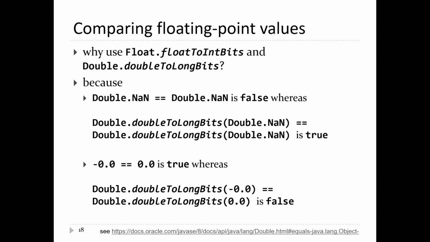And that's inconvenient, because if you're comparing two objects and you want to know if their states are the same, and both of their fields are not a number, then you probably want them to be equal. But if you just compared them using equals equals, you run into this problem.